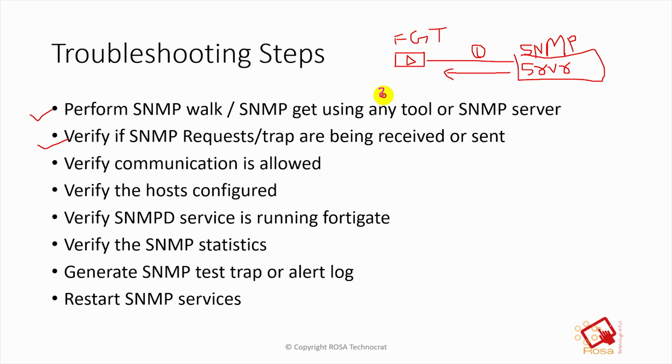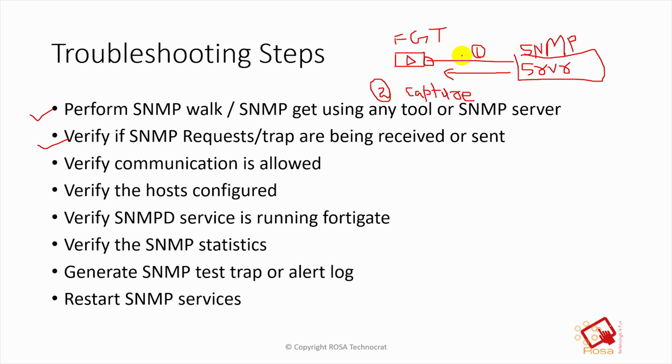Then the second part is to capture traffic on the FortiGate to confirm if you received it. You have to capture the traffic on the FortiGate interface and see if you received this SNMP get request.